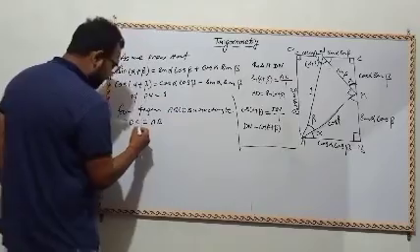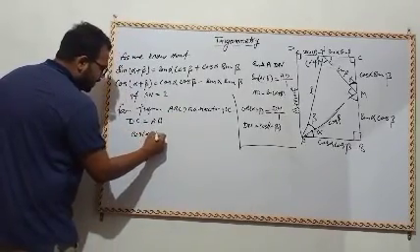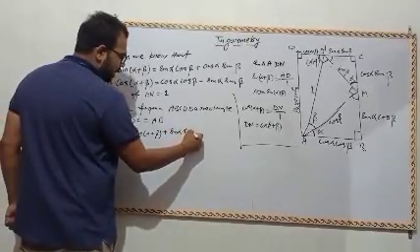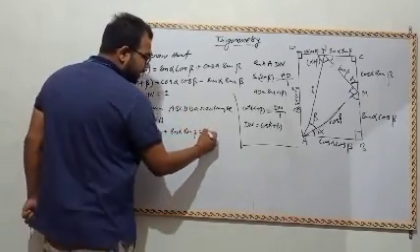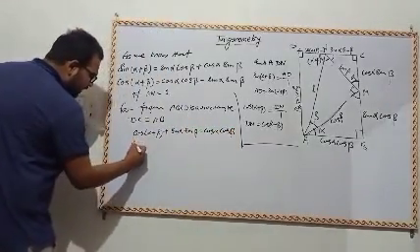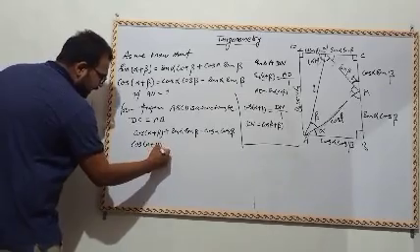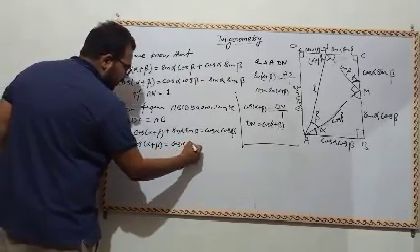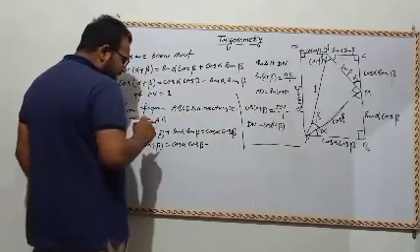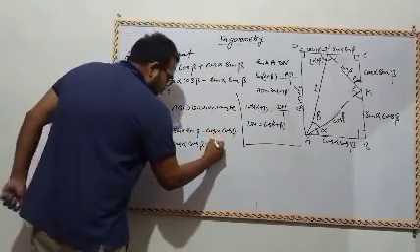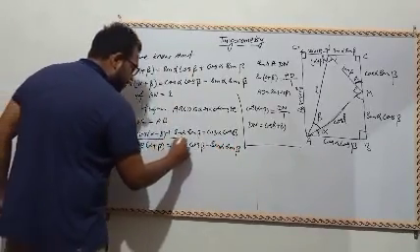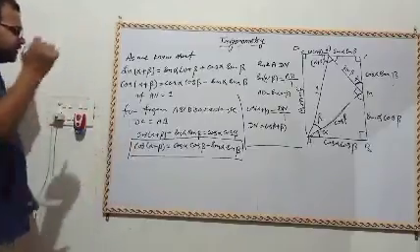Cos(alpha plus beta) plus sin alpha sin beta is equal to cos alpha cos beta. So we get cos(alpha plus beta) is equal to cos alpha cos beta. It is transferred to the right side, so positive becomes negative: minus sin alpha sin beta. I hope you all understand.